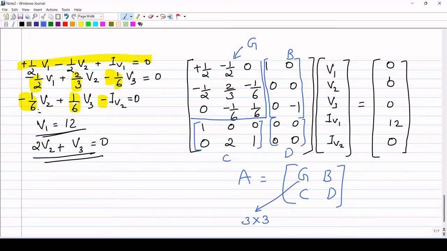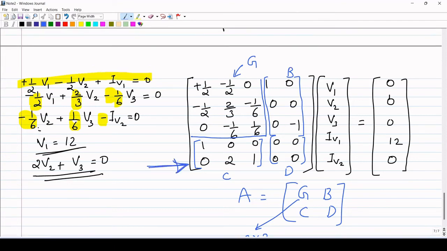So from our theory, we know that addition of a dependent source, addition of this voltage controlled voltage source increases the size of the system by one column and one row. So this is the additional row that is introduced, and this is the additional column that is introduced.